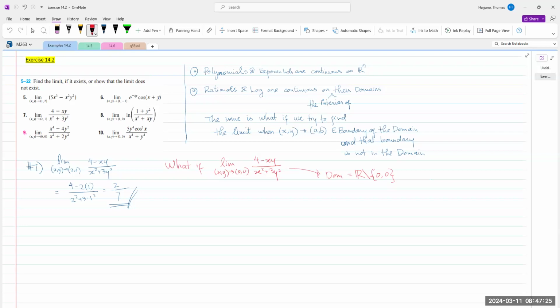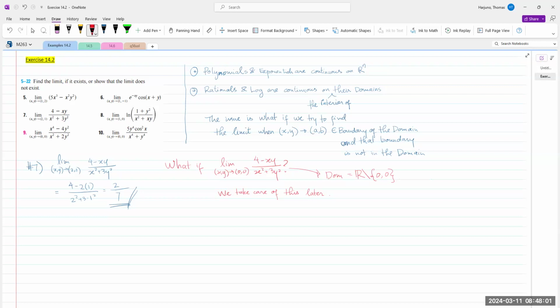We will take care of this later on. But for now, if the coordinate it is approaching is in the interior of the domain, like number 7, then we just plug that number in. You will see that's the same case with number 8.